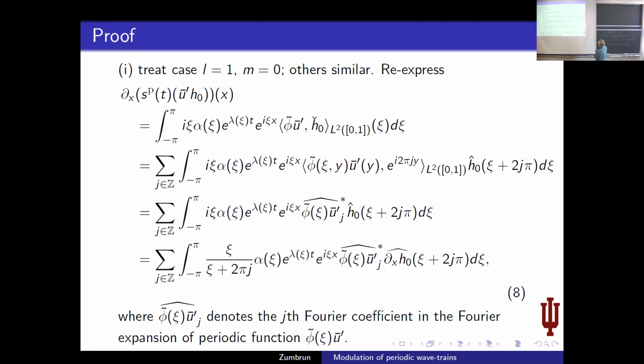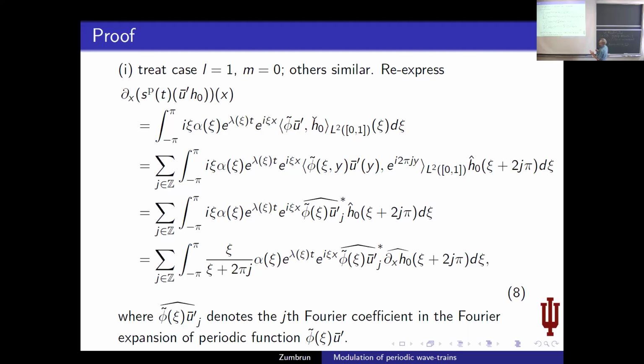This is why I did it. This is the inner product of e to the i 2 pi j y against phi tilde u bar prime. That's the Fourier series for phi tilde times u bar prime, but it's the complex conjugate, actually. So the star here is complex conjugate, because I was having trouble with symbols of this product.